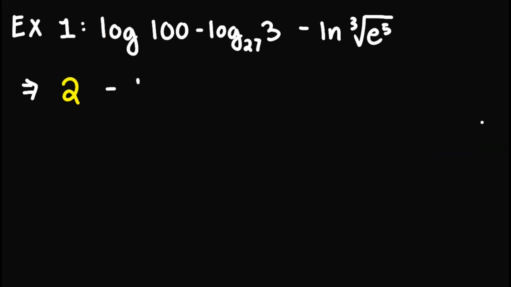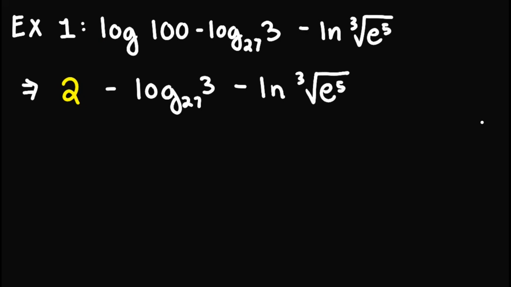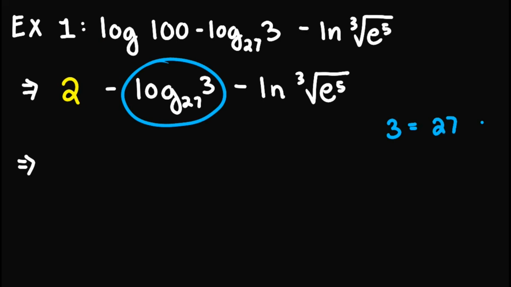And let's copy the others. So we'll be doing this term by term to avoid confusion. Next, if we focus on this one, note that 3 is equal to 27 raised to 1 over 3. Why is that?